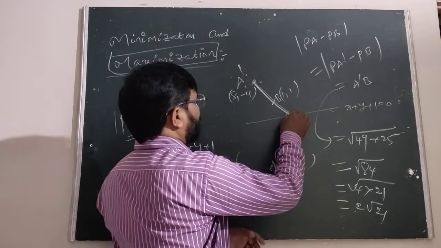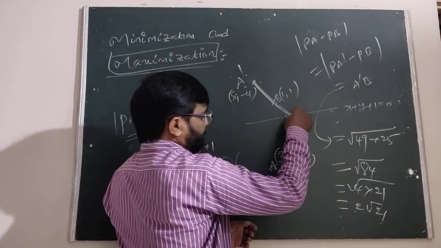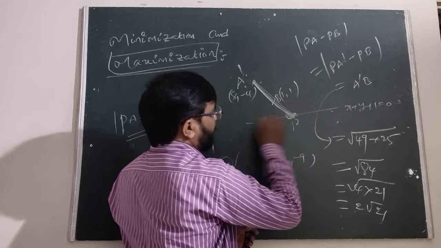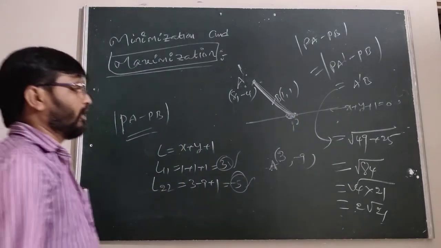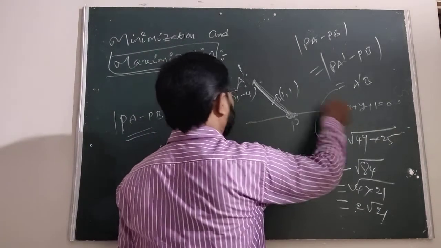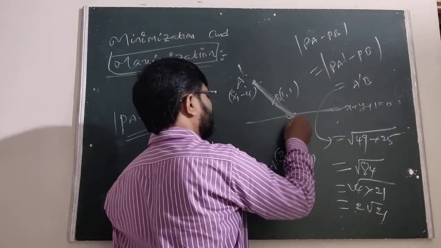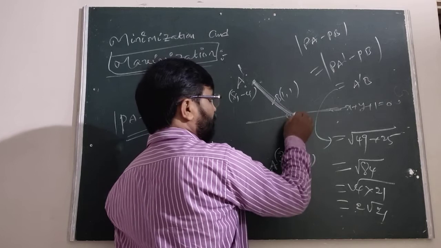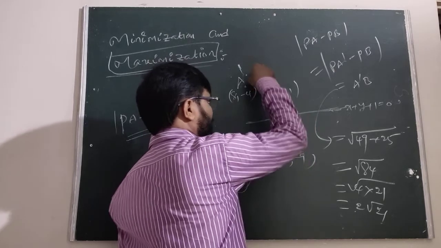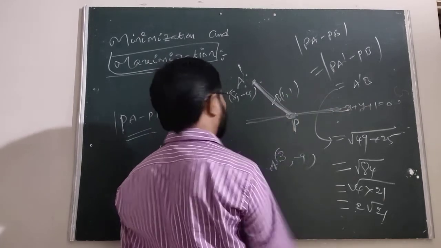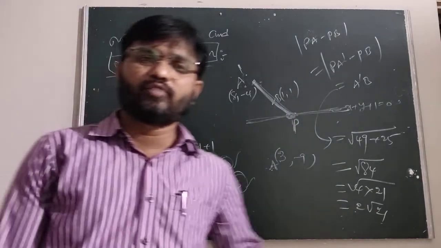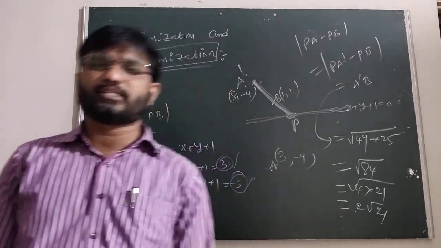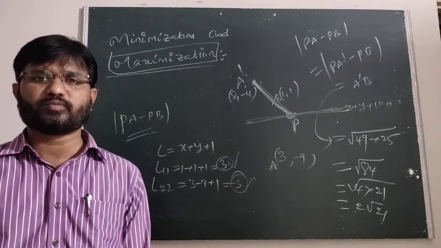Now we have to find the equation of A dash B, and the line x plus y plus 1 equal to 0. The point of intersection of the given line and A dash B is P. Is it clear? P is the point of intersection of A dash B and the line L equal to 0. For A dash B, we know that y minus y1 equals (y2 minus y1) by (x2 minus x1) into (x minus x1).